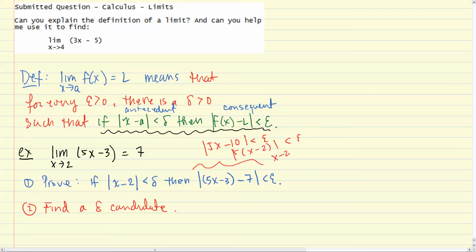And then the absolute value of x minus 2 is less than epsilon over 5. And this is a clue here, because the absolute value of x minus 2 appears over in the antecedent. So the delta candidate that we'll use is delta equals epsilon over 5.